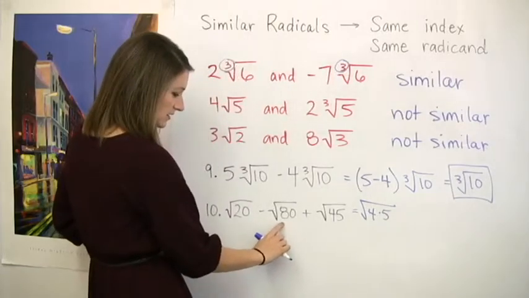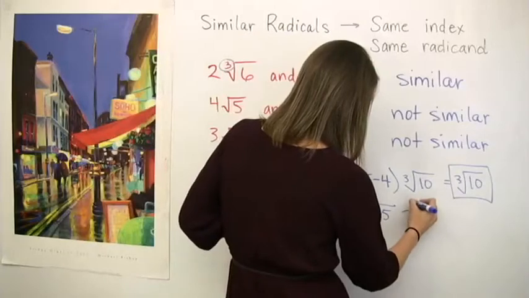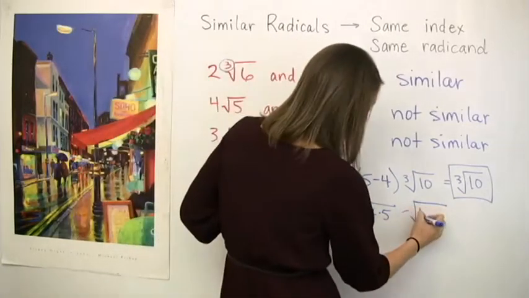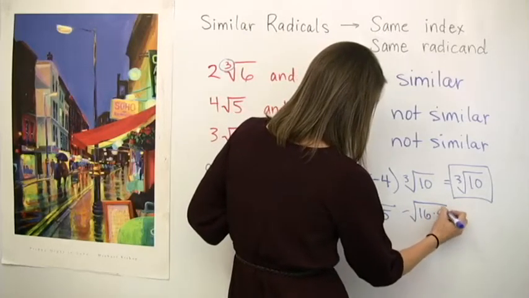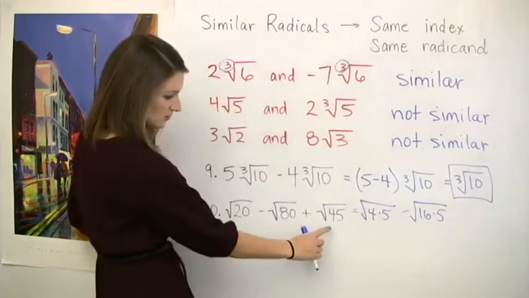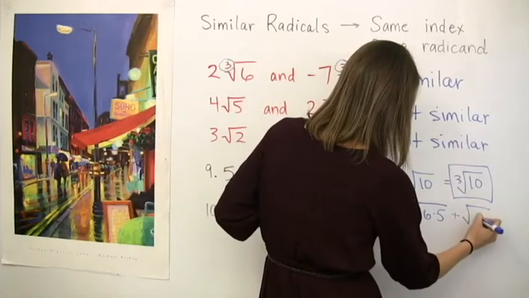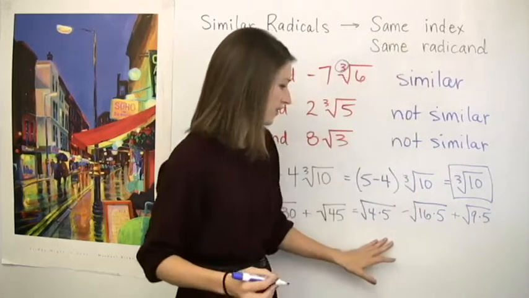And then we subtract the square root of 80, which we can rewrite as the square root of 16 times the square root of 5. And then the square root of 45, we can rewrite as the square root of 9 times 5.